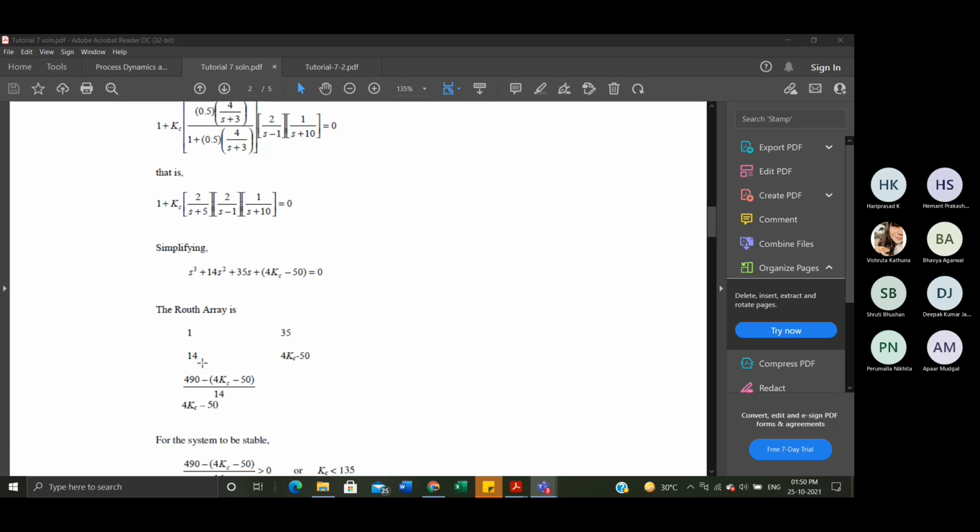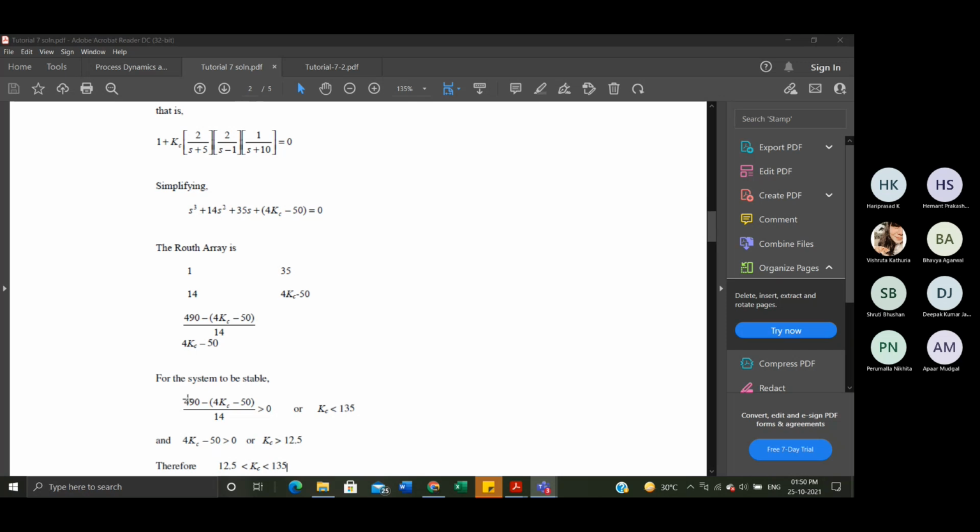To calculate it, we multiply 14 into 35 minus 1 into 4Kc minus 50 divided by 14. This is our B1 term. Now, C1 would be similar to this. It would be B1 multiplied by this term, minus this 0. So we get the 4Kc minus 50 term.